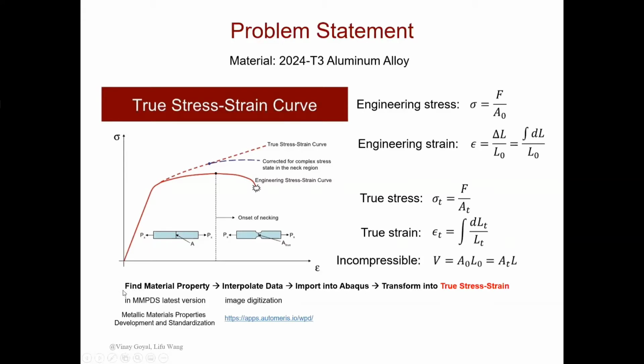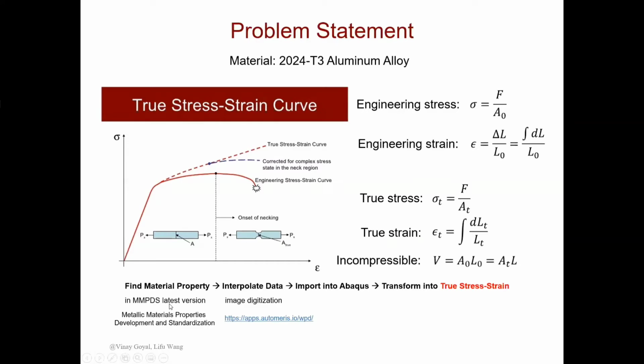The process we're following to find the material property is as follows. First, we find the material property from the handbook. Normally, we'll find it in the latest version of MMPDS, the Metallic Materials Properties Development and Standardization handbook.